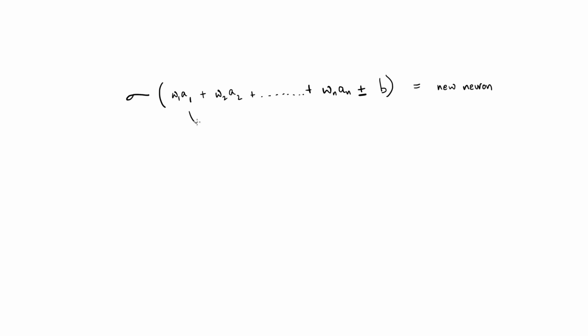Now these are the activations of neurons in the previous layer. This is something to remember, and this would be the bias term. So the general notation is A, and which is the neuron, the index of that neuron, and the layer in which it is present.